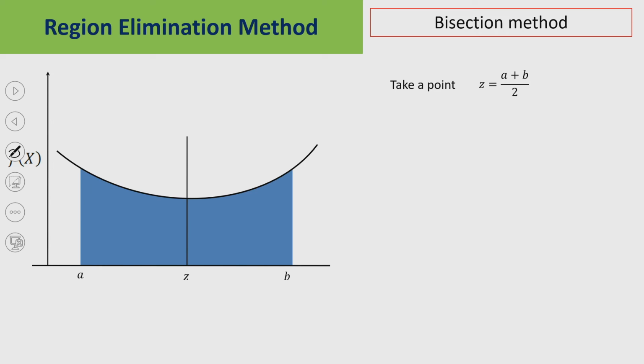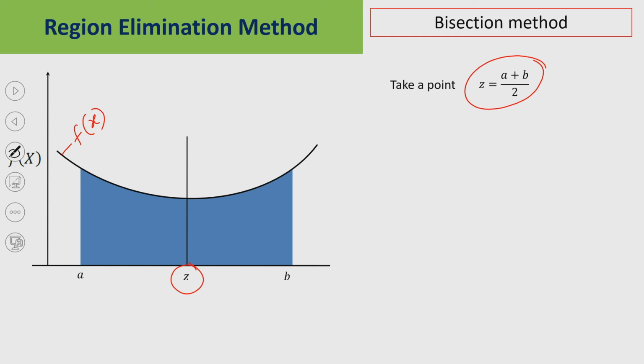So what we are doing, again, f(x) is a unimodal function, that means there is only one minimum and the function is continuous between A and B. Now we are taking a point Z, the midpoint between A and B, where Z equals (A plus B) by 2.